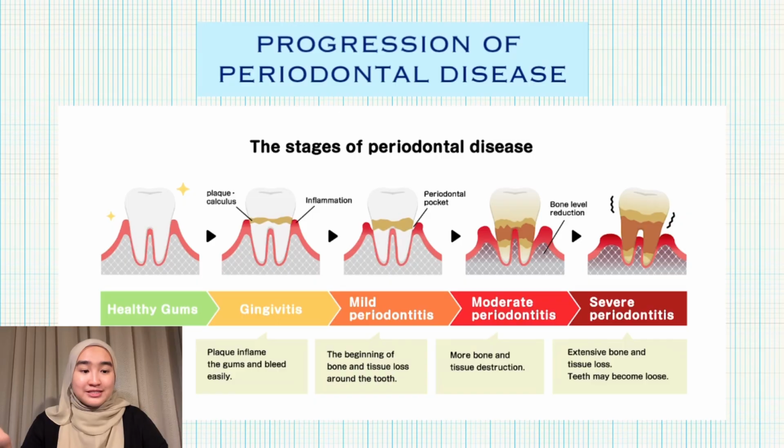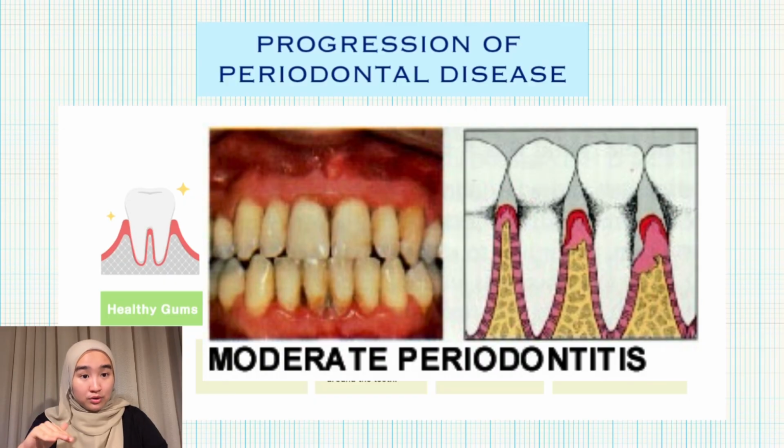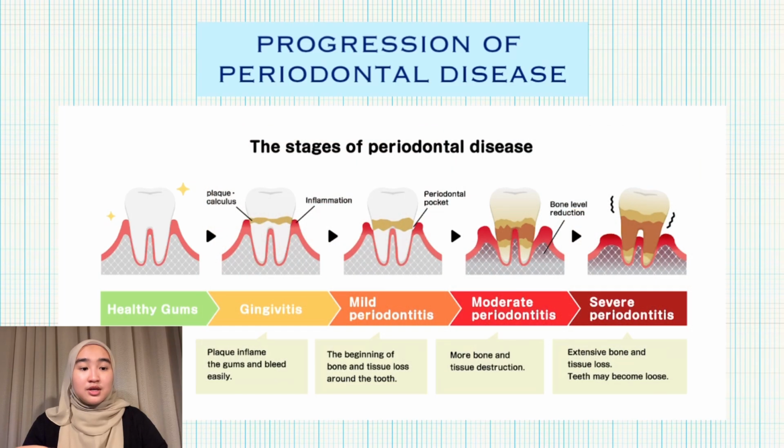The fourth stage is moderate periodontitis, where there is more bone and tissue destruction, which causes moderate bone loss and tooth mobility that can expose your tooth root.